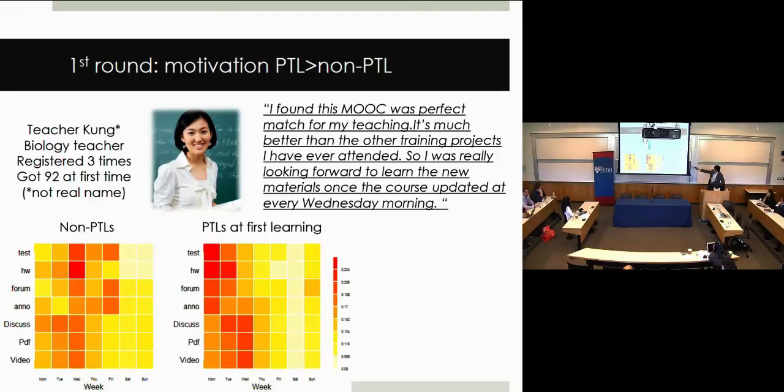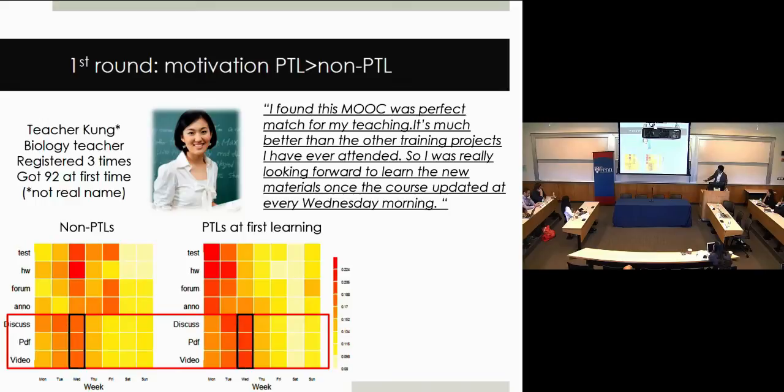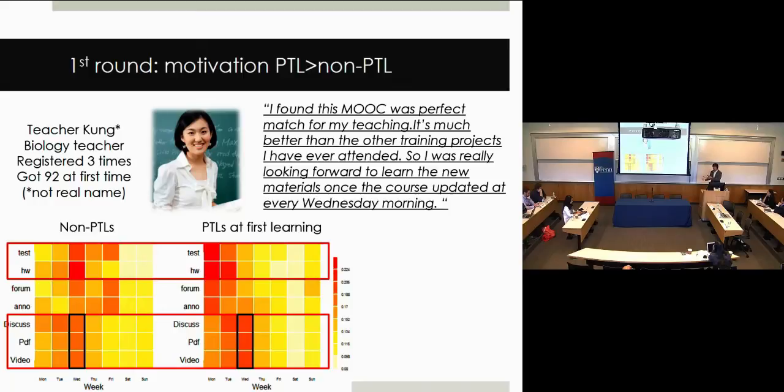This is PTLs in their first learning, and this is non-PTLs. We can see that for videos, PDFs, and discussion, PTLs watch these videos on Wednesday, and they show very strong activity. For homework and tests, the deadline is the next Wednesday.